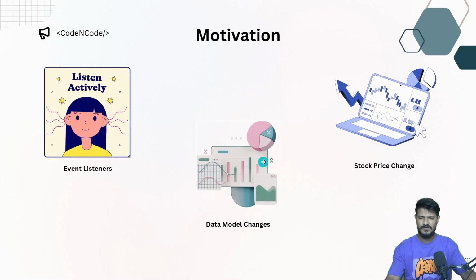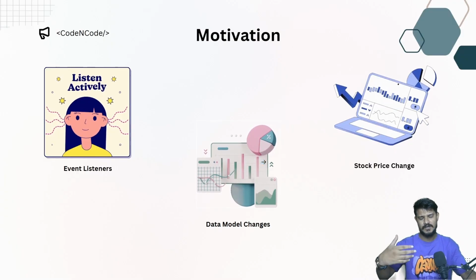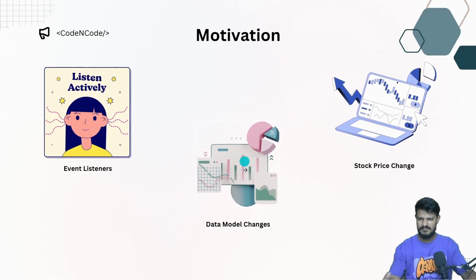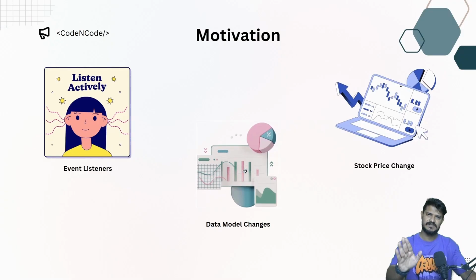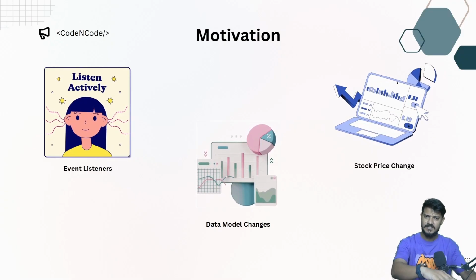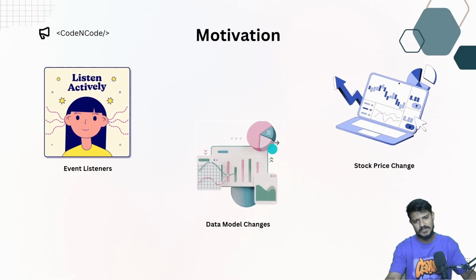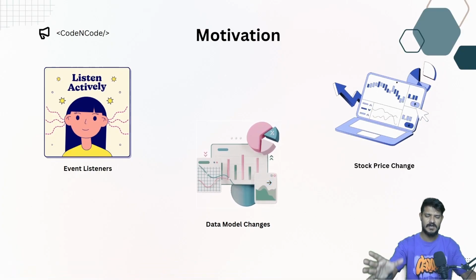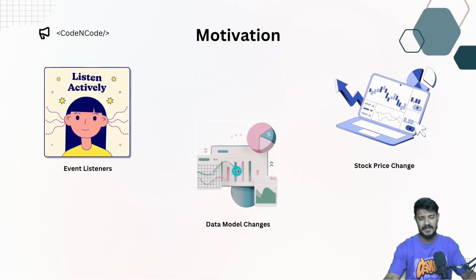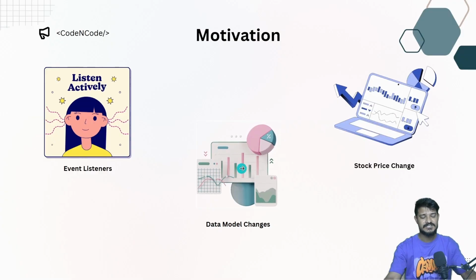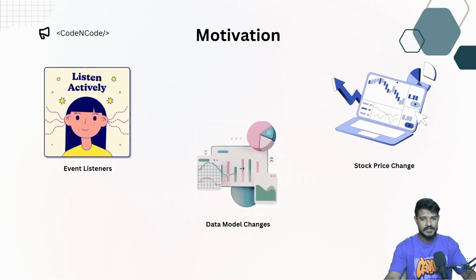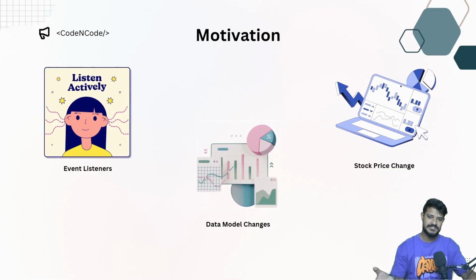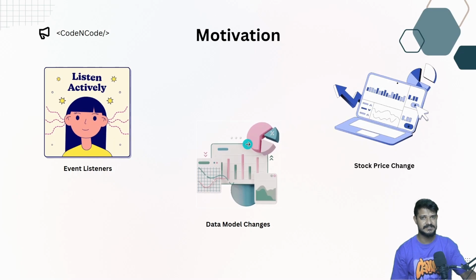Same goes here. If you have a presentation, let's say a pie chart or any kind of presentation which depends on real-time data, whenever the data changes, that is your data model, you have to update the current screen and all of the charts that you have presented. So again, data changes and you have to represent the same data here.